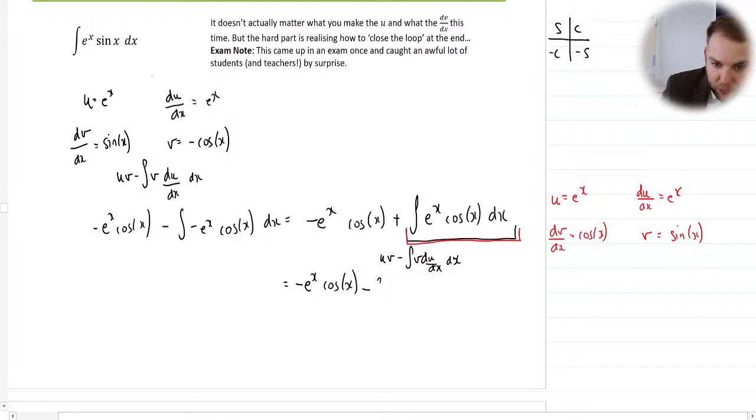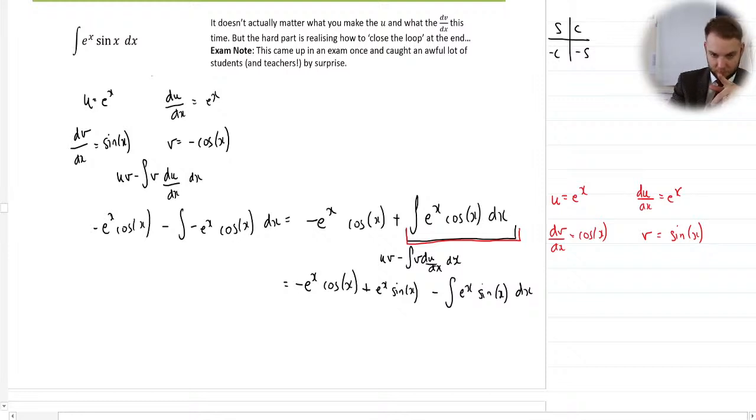So plus uv, which is going to be e to the x sine of x, minus the integral of uv. v is sine x, and du by dx is e to the x, so it's e to the x sine of x with respect to x. Okay?